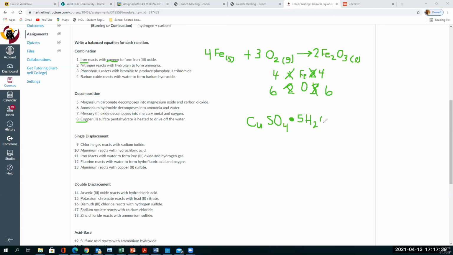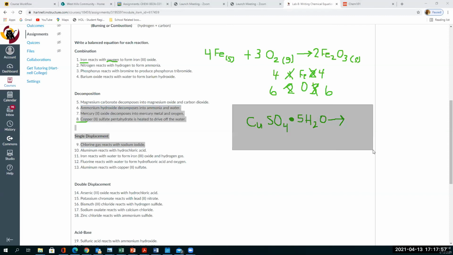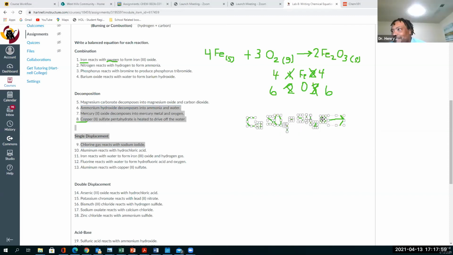It's heated to drive off the water. Just draw an X through the 5H2O. Boom, done. Next. No, it's a chemical reaction. You got to sit there and tell me what is going to happen then. Add heat. You just separated, so instead of having a black dot, it's just plus. That's right.